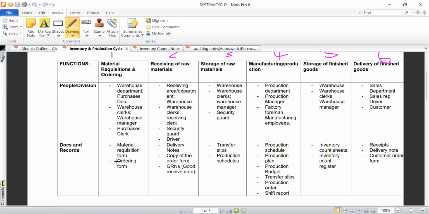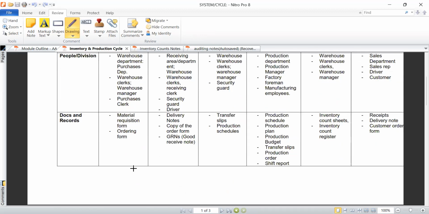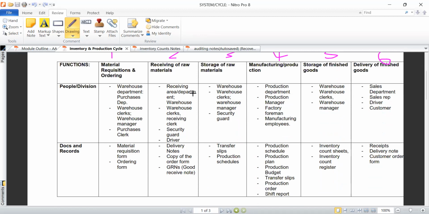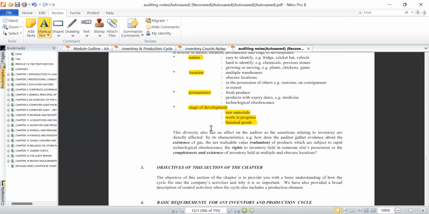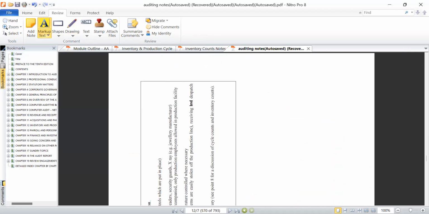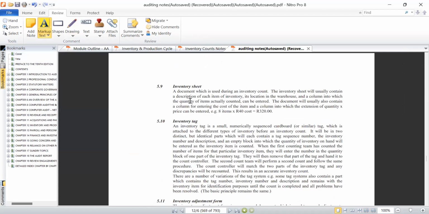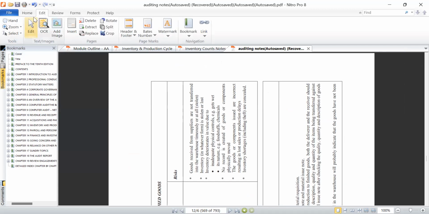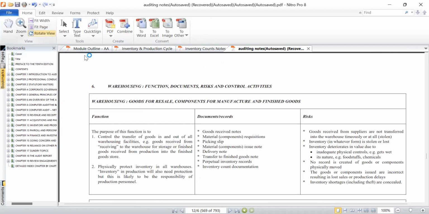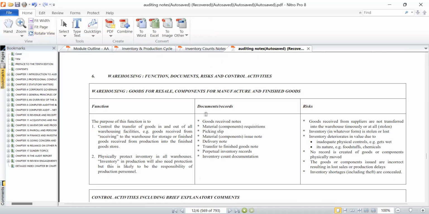And then there are documents which I may not have necessarily included, but I think they are important for you to note. You also find them as we discuss the different functions. In this book, they don't necessarily show them the way I have summarized, but basically these are the set documents you would see. I'm just showing you this for the sake of the documents. You'll see goods received notes, though in my notes you would observe some of them at the other stages.